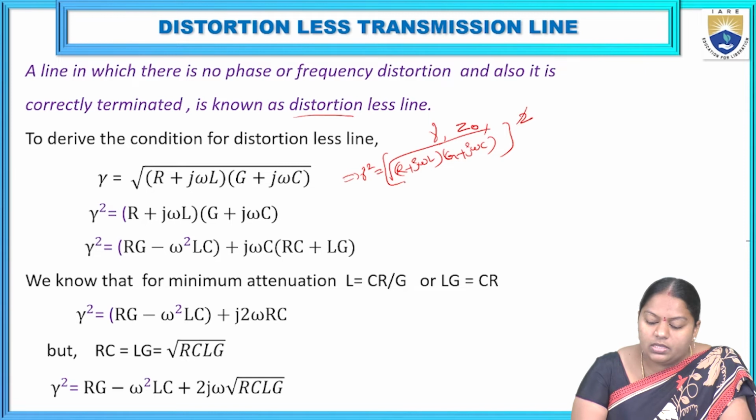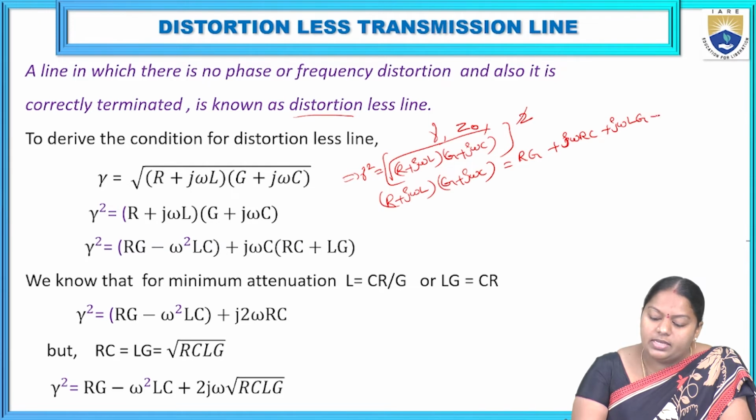If you multiply these two, what do you get? (R plus j omega L) into (G plus j omega C) equals Rg plus j omega Rc plus j omega Lg minus, since j into j becomes j square, omega square Lc.